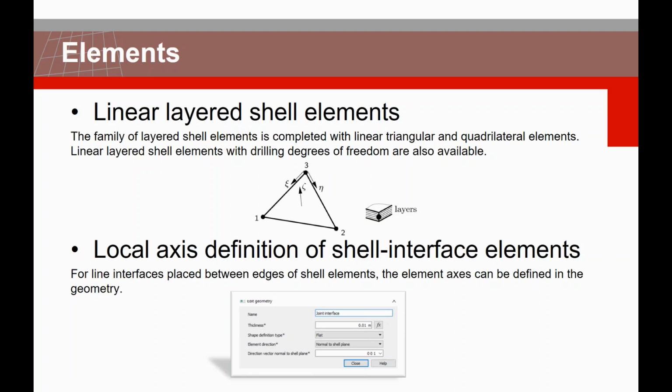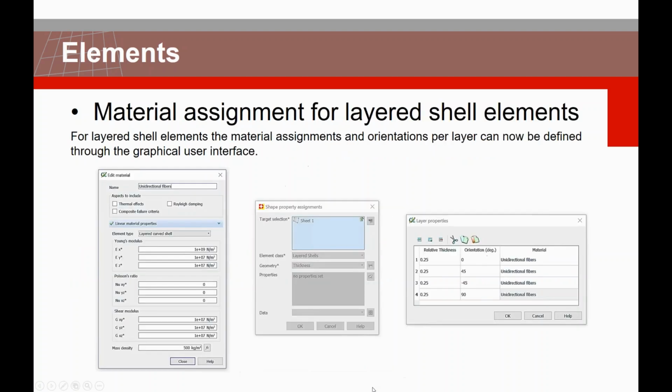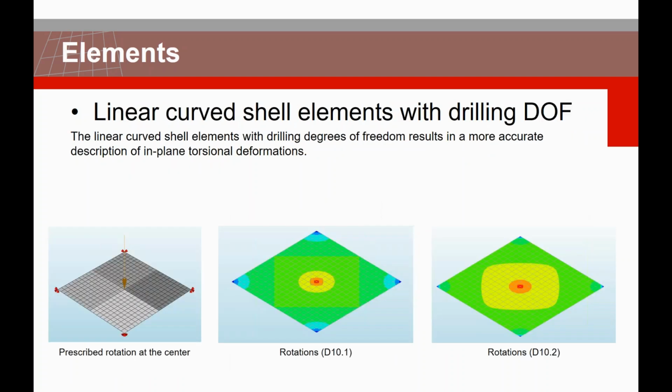The user can define the local axis through the GUI and you can visualize that. As I mentioned, the material assignment of the layered shell now becomes very intuitive. Through the GUI and corresponding dialog box, you can nicely define those parameters per layer based on their angle, and you can position them in each layer.